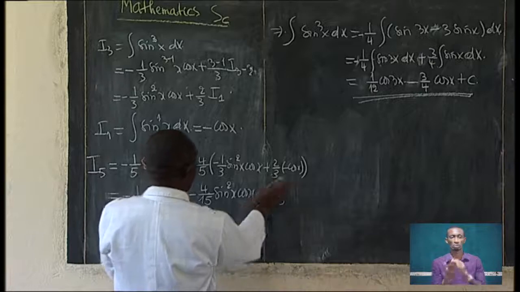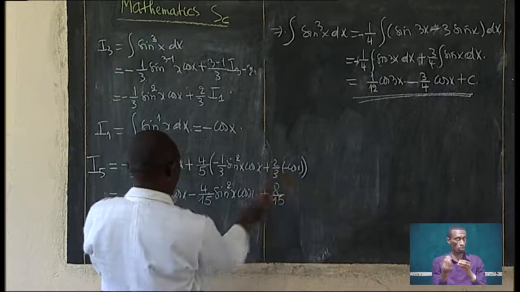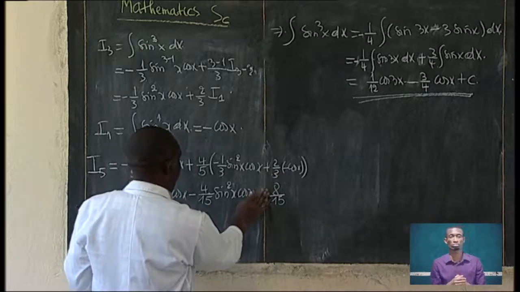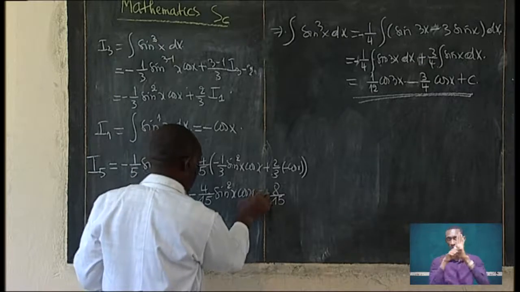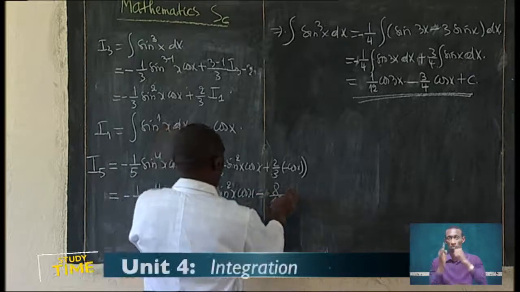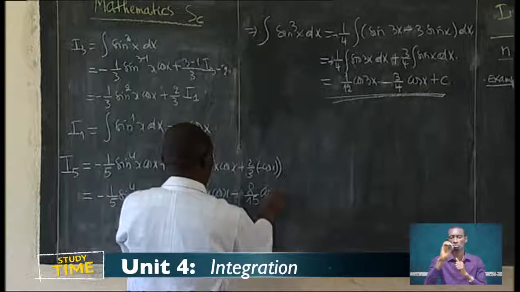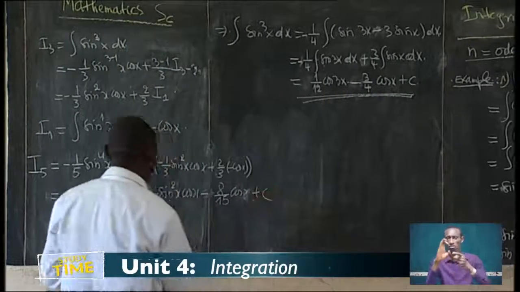It will be negative, as we have a negative sign here, minus cosine x, plus c.